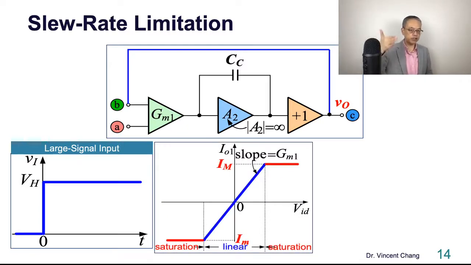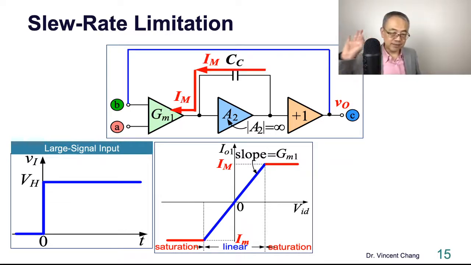Because when large signal, large means what? It's not tiny, it's not small signal. What do you mean by small? Small means the amplifier is operated within the linear region, where the linear relationship works. So large means what? Exceeding the limit of the linear region and entering into the saturation region, right?